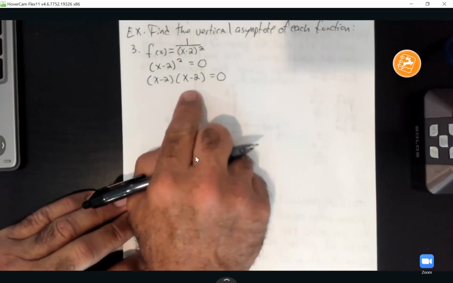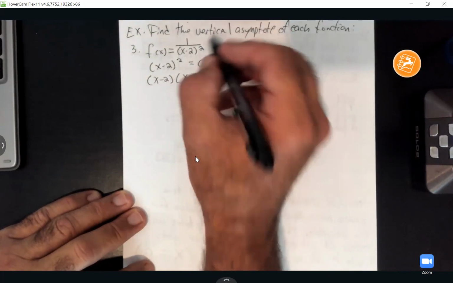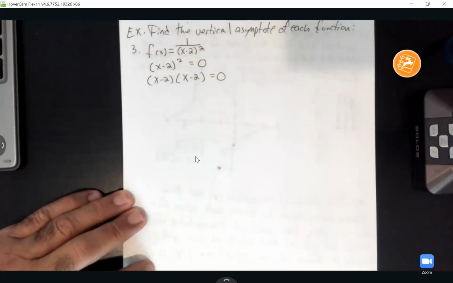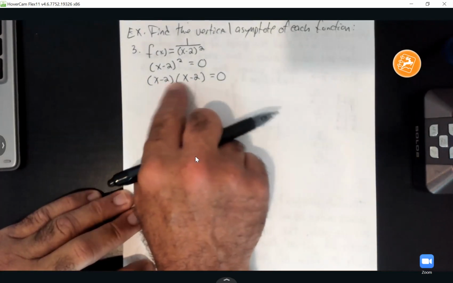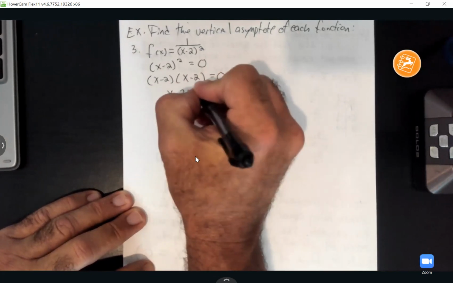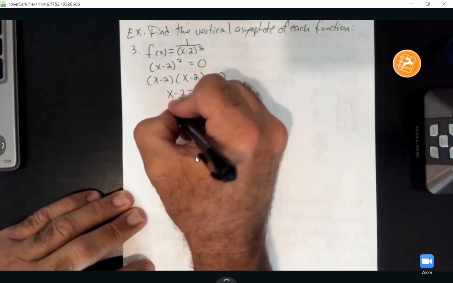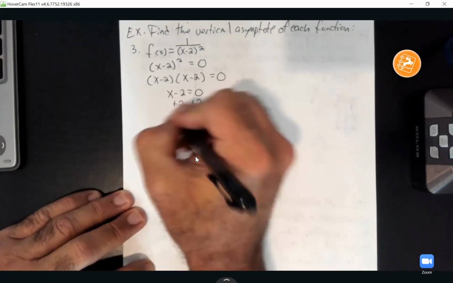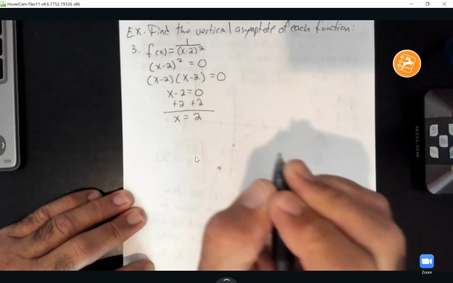But remember, these are just repeating factors, because the 2 is the multiplicity that tells me it happens twice. So to find my asymptote, I only got to solve one of these since they're the same. So I'm just going to take the x minus 2 and set it equal to 0. Solve that by adding 2, and I get x equals a positive 2.